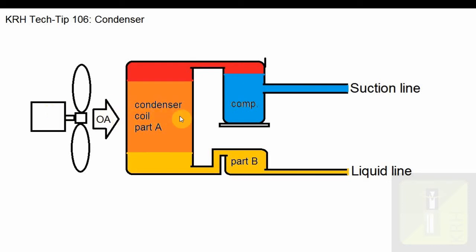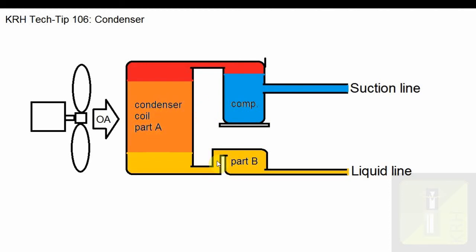If the coil is dirty, if there is debris blocking the surface of the fins, or if there is debris that has accumulated in between the fins, that will hinder the airflow from circulating through the condenser coil and exiting, taking that heat with it. That is going to reduce the condensing rate of the refrigerant.